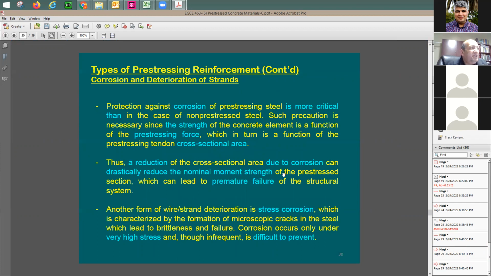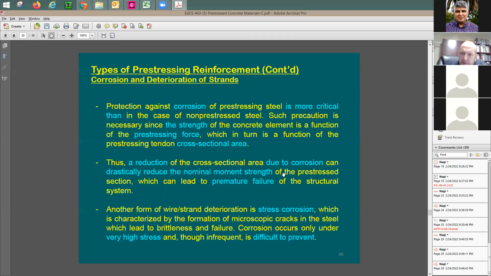Now we have here a big issue about the corrosion, right? And deterioration of the strands. We need to protect them. Is there any way to protect them? And why is it important? Because if you have any corrosion, it means that you lose a section of the cross-sectional area of the strand.